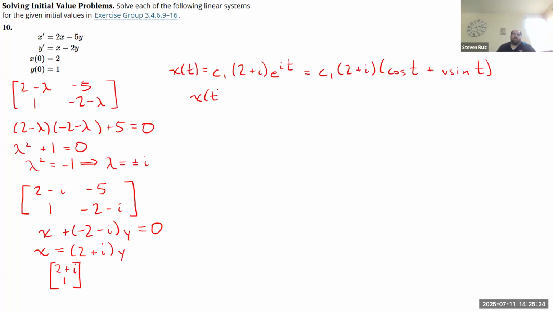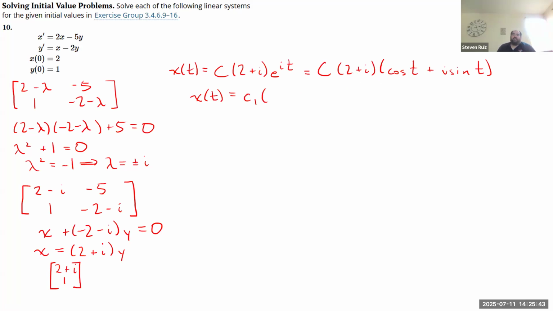I'm just going to call this big capital C for now. I want to break this down into its imaginary and real components. So what's going to be real here?